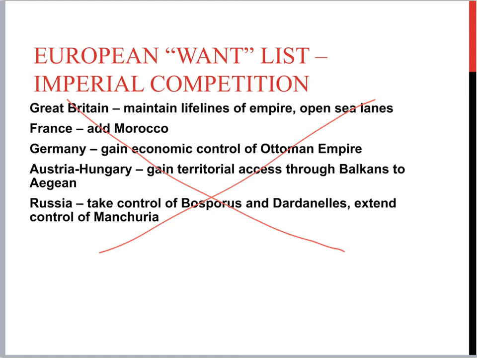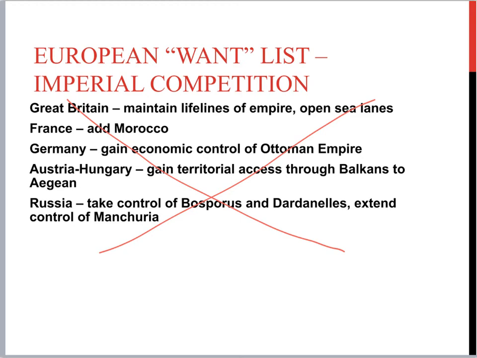So the imperial competition here was to some degree just for pride, but it was also for resources, as the countries with the most colonies were going to be the ones that had more economic power. And so if one country gained a larger empire, then the others are going to want bigger empires too. That also connects back to militarism, right? Because who's going to hold these empires is the military.